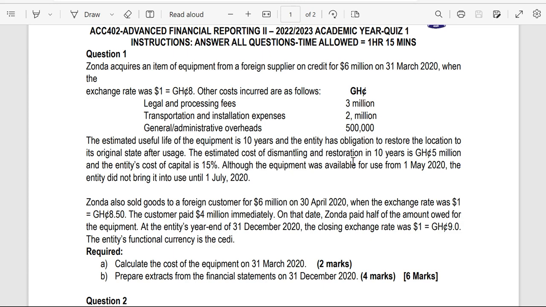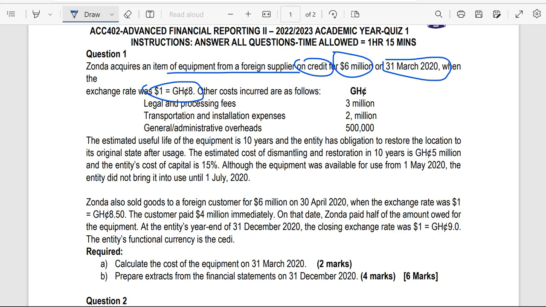Zonda acquires an item of equipment from a foreign supplier on credit. So we have a payable for $6 million on 31st March 2020, and the exchange rate then was $1 to 8. And then there were legal and processing fees, transportation and installation, and general administrative overhead.